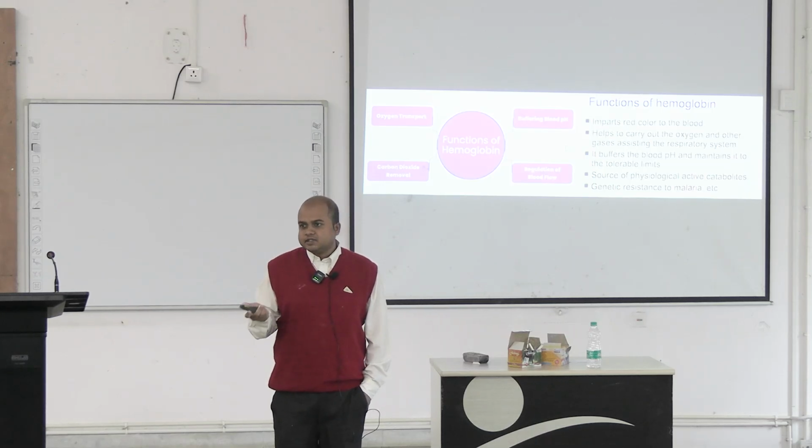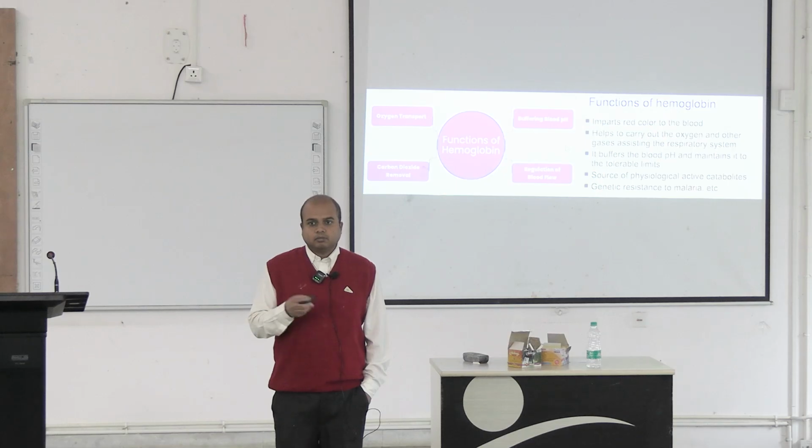If it comes down to 125, even 112, that is called hyponatremia, that means sodium is coming down in the blood, but symptoms will take some time, and in some people up to 110, 115, there are no symptoms. Only if it goes below that will there be symptoms. But pH has to be maintained in a very narrow range.